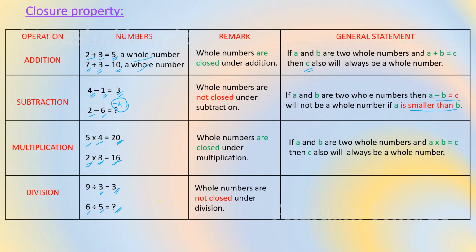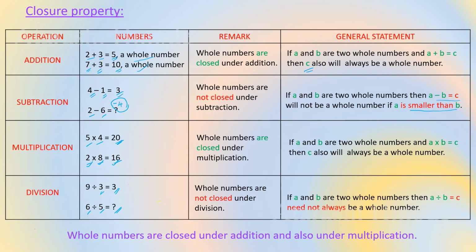So whole numbers are not closed under division. Here we can say whole numbers are closed under addition and also under multiplication.